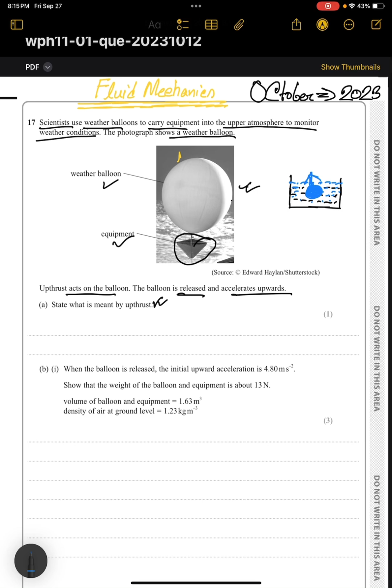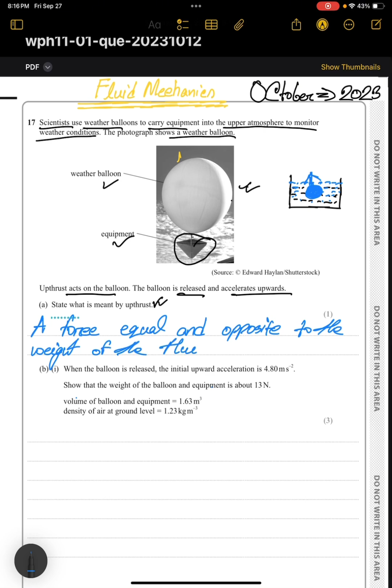So let's write it down in our own words. The answer will be: a force equal and opposite to the weight of the fluid displaced by an object.